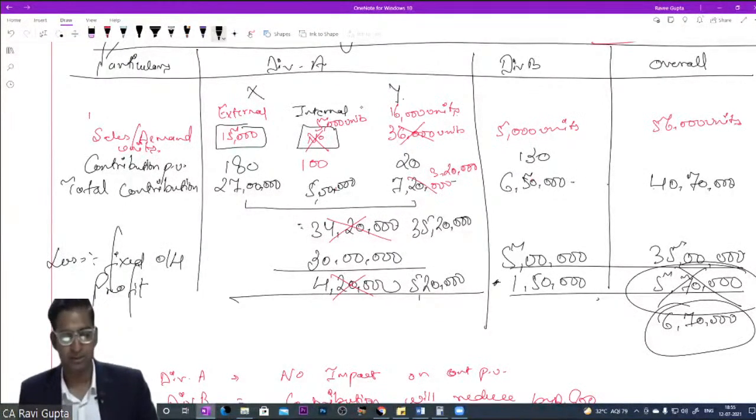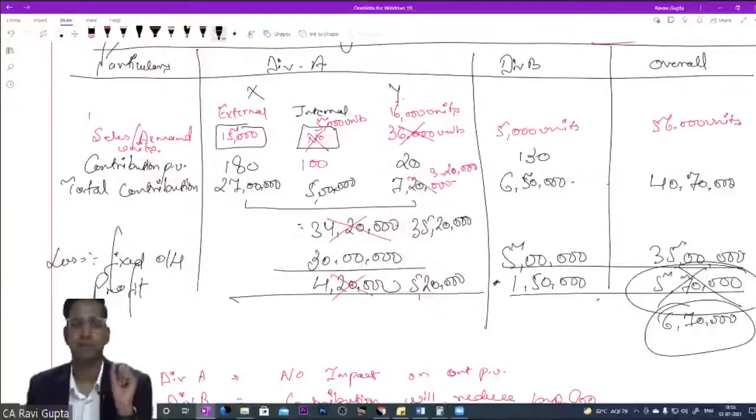So I hope this question has brought you some clarity about the profitability statement. See, the task with transfer pricing is not about understanding the concept. Really, that is a task, to understand the concept.